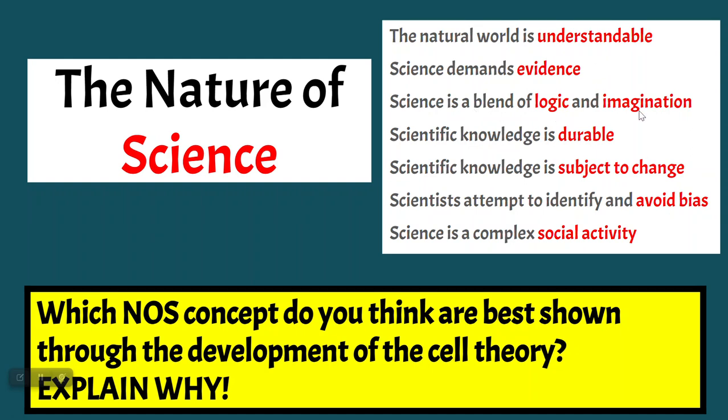Science is a blend of logic and imagination, and so some of those guys making the compound microscopes had to be kind of imaginative and creative and put lenses together to have a better magnification level. Okay, scientific knowledge is durable. We are still using a lot of that cell theory now in our time in the 2000s, and so it has lasted over time. But it's also subject to change.